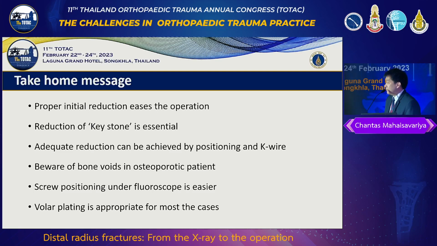And please beware of bone voids in osteoporotic patients, and screw positioning under the fluoroscope is easier to get the adequate and precise trajectory. And volar plating is appropriate in most of the cases. As I showed you, even the dorsal button can be managed through this approach.